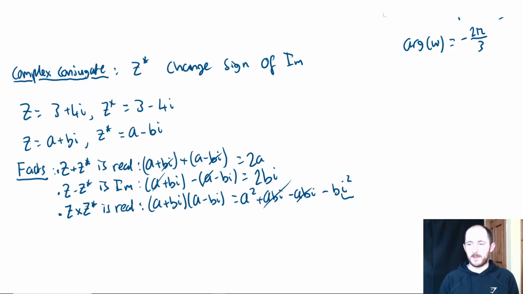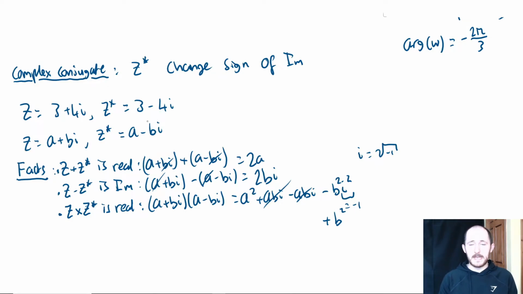Now this is something that's going to come up again and again and again, i squared. And honestly, I still make this mistake sometimes. But because i is the square root of minus 1, i squared is equal to minus 1. So that would make this whole thing plus b squared.